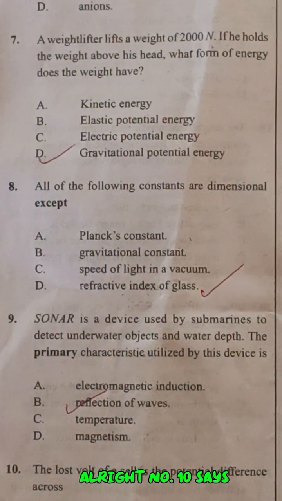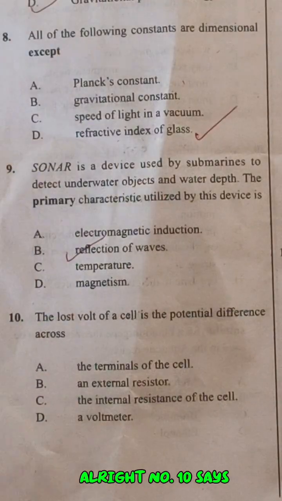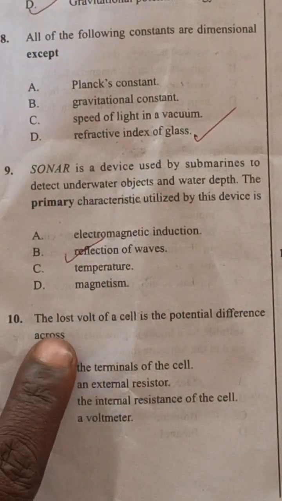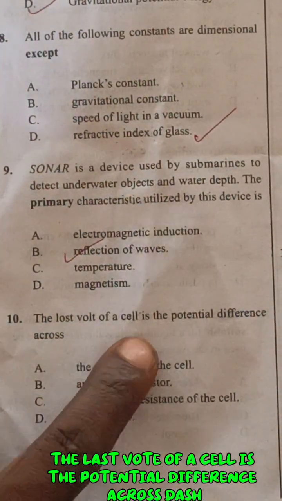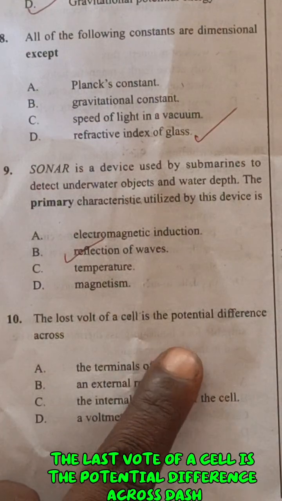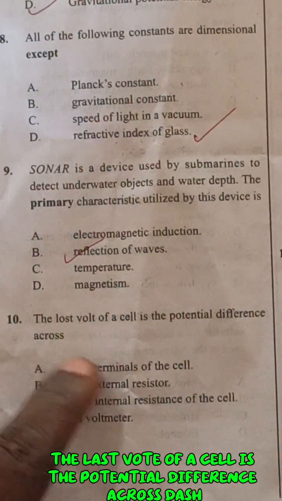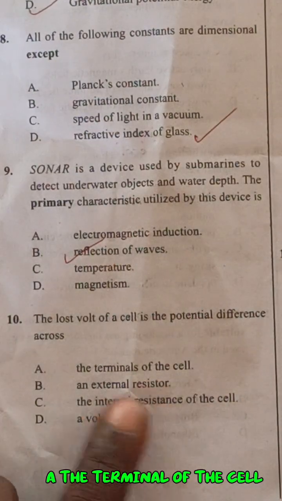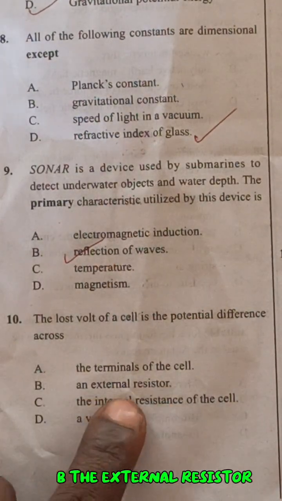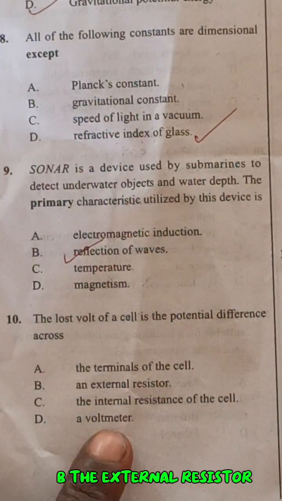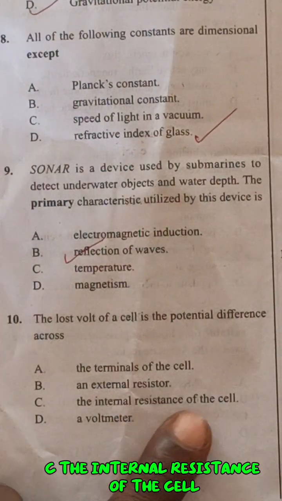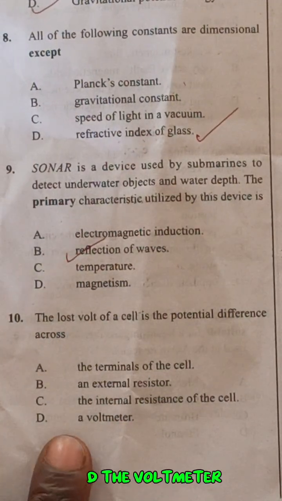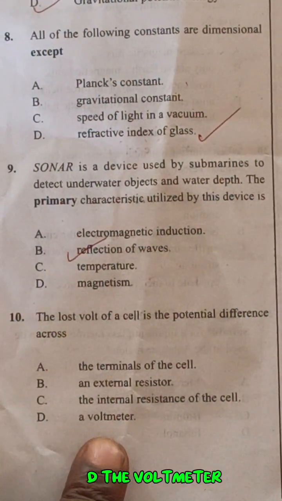Alright. Number 10 says the lost volt of a cell is the potential difference across dash. A. The terminal of the cell. B. The external resistor. C. The internal resistance of the cell. D. The voltmeter.